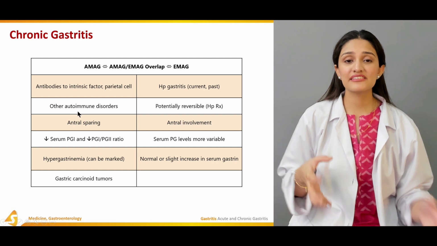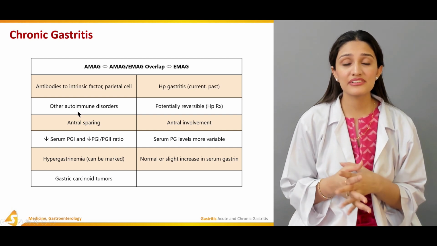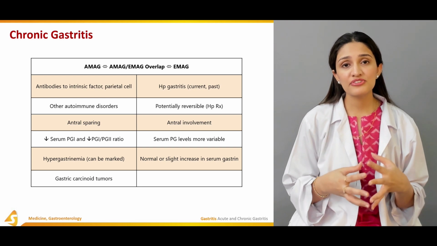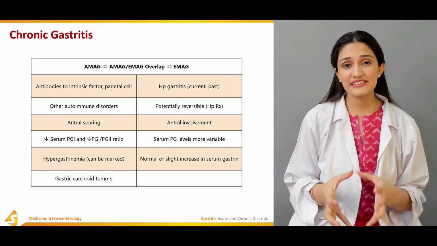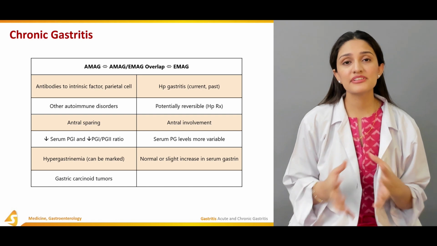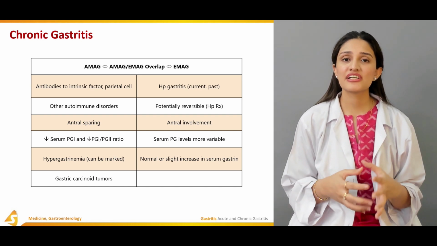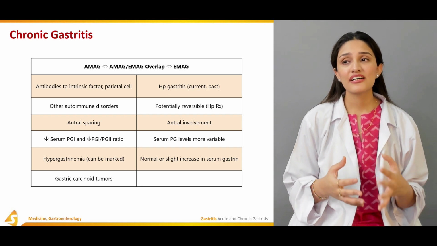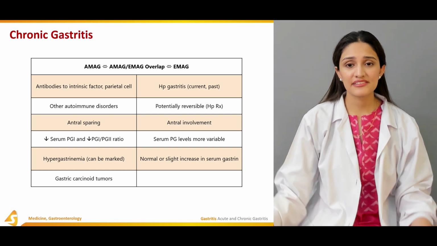Other than that, the autoimmune atrophic gastritis is more associated with other autoimmune diseases such as diabetes mellitus and thyroid disorders such as Hashimoto's and Graves' disease.